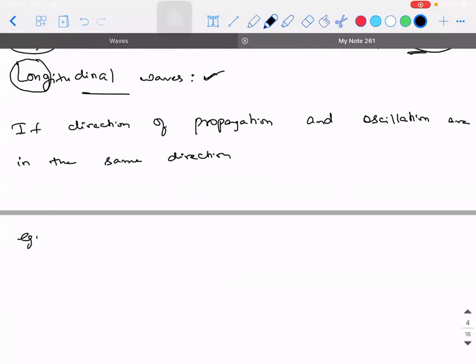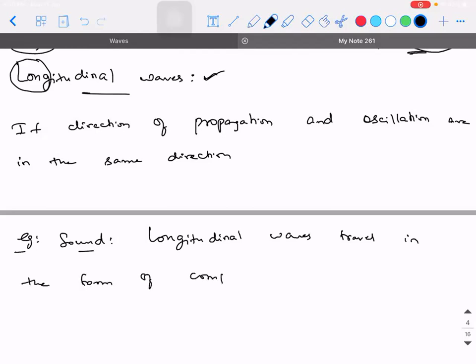An example for this is sound. And longitudinal waves travel in the form of compressions and rarefactions.